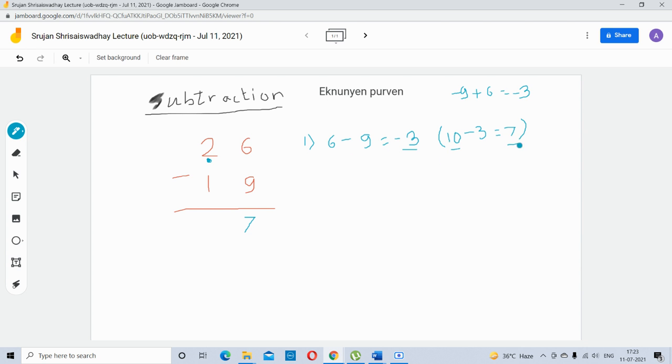You might be remembering that 1 and 9, 2 and 8, 3 and 7, 4 and 6, and 5 and 5 are the complementary numbers, and 0 and 10 are the complementary numbers.